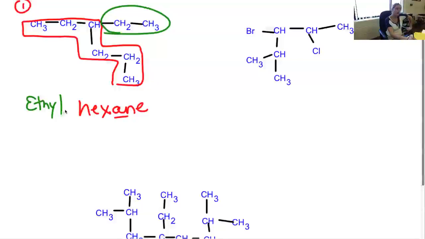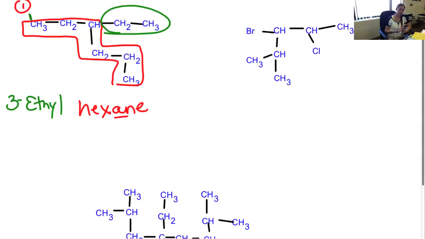Now you need to know which carbon on the chain this ethyl group is connected to, so I'm going to count. If I start here, I'm going to go 1, 2, 3. So if I started here, I'd be on the 3rd carbon. If I started down here, I would be off of the 4th carbon. So I want to start numbering up here because I want to have the lower number. So you would call that 3-ethylhexane.